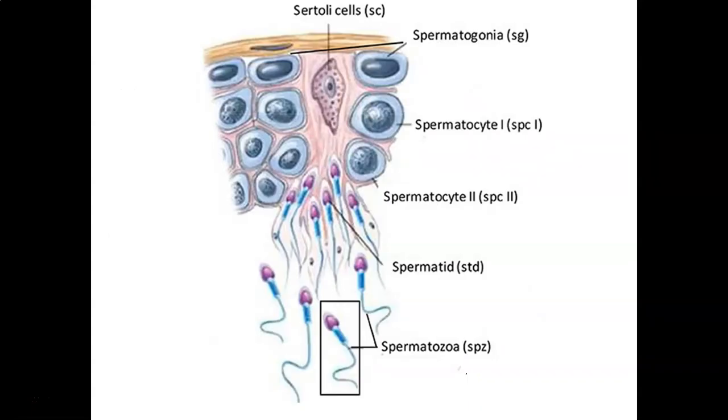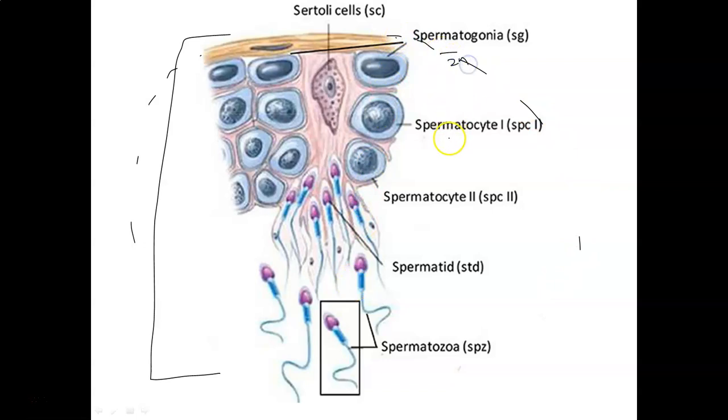This is a very close view of the complete seminiferous tubule, where you can see spermatogonia 2n, then primary spermatocyte 2n, then secondary spermatocyte n, because of the first meiotic division, then spermatid, then spermatozoa.